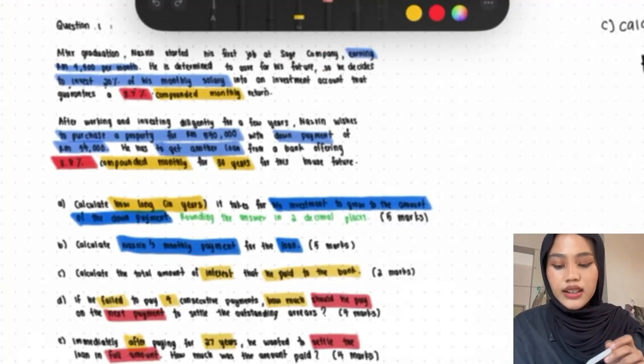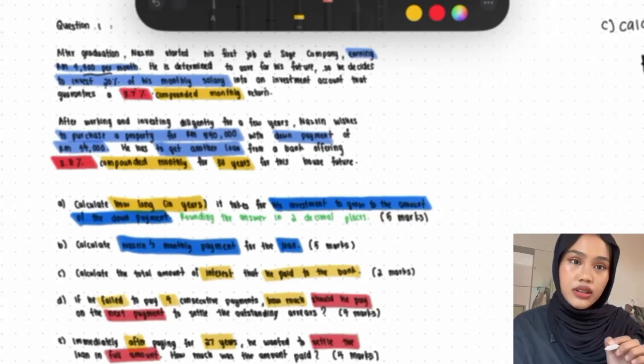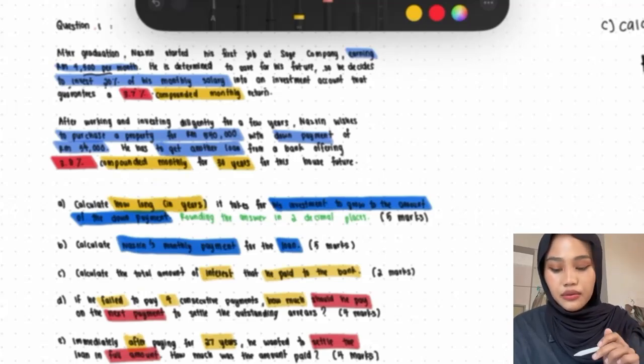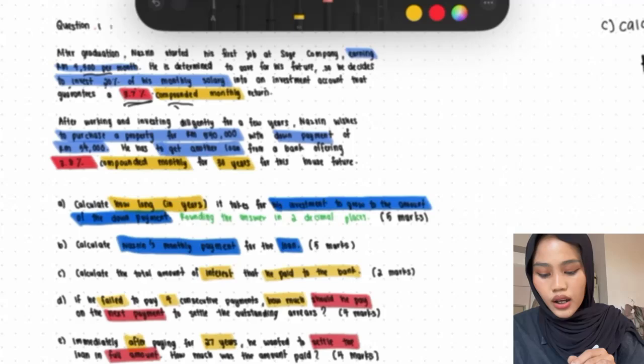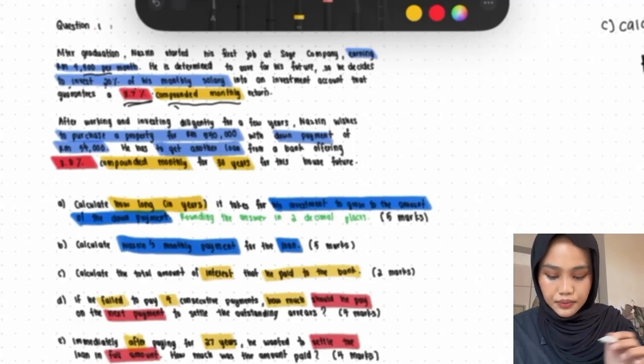Hello everyone. So moving on to the next question. I'm going to read the question first. After graduation, Nazreen started his first job at Sage Company, earning 4,500 per month. He is determined to save for his future. So he decided to invest 20% of his monthly salary into an investment account that guarantees 3.7% compounded monthly.